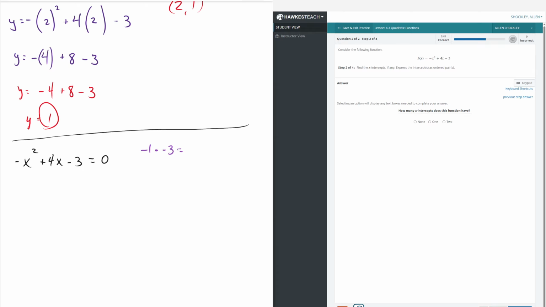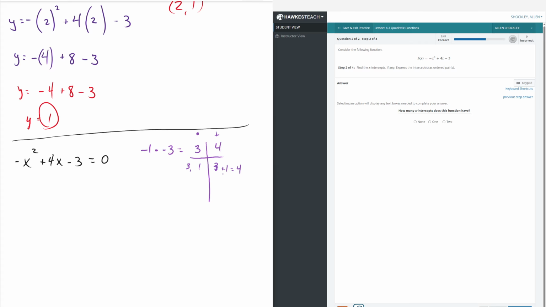Negative 1 times negative 3 is a positive 3, and we're going to try to add to 4. The only ones we get are 3 and 1. Can I use 3 and 1 to make a 4? The answer is yes. I can take 3 plus 1, and I get 4.